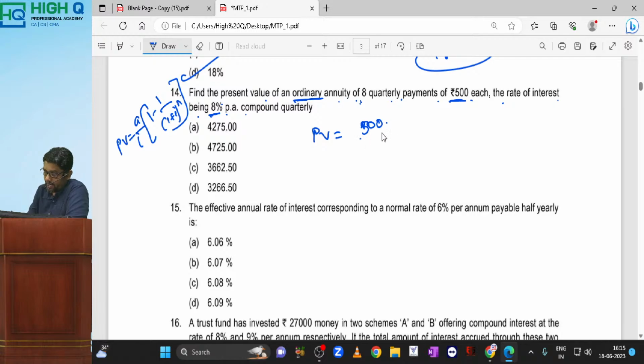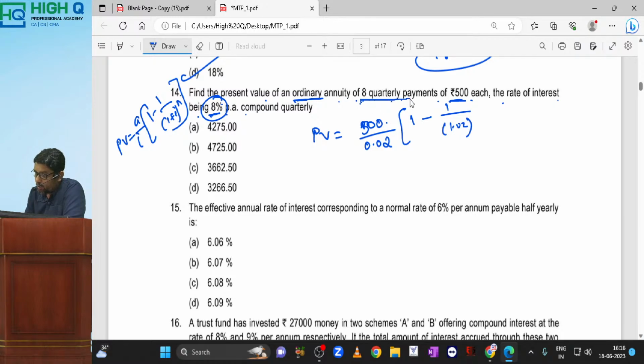Now A by I. 8% quarterly means 0.02. 1 minus 1 by 1.02 whole power n. How many years? Find the power. 8 quarterly payments. So total 8 quarterly payments. That means 2 years.